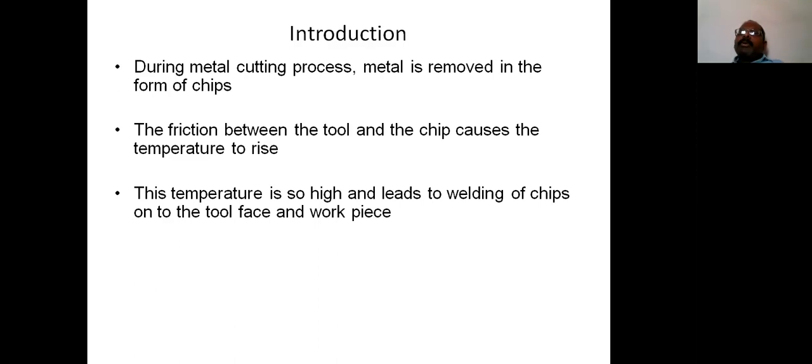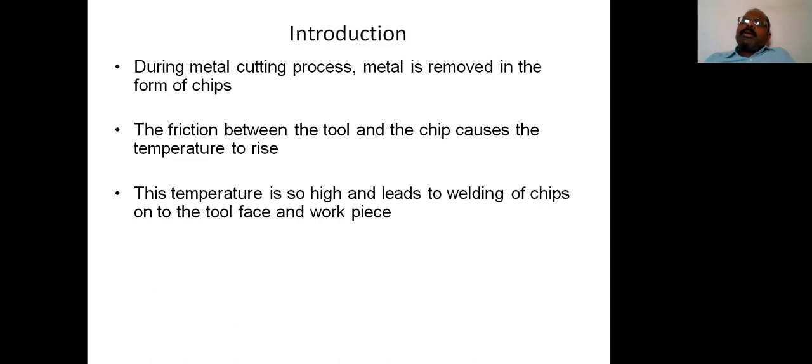Once the chip joins to the cutting tool, it further produces more roughness on the job, and the component produced is simply converted into scrap. That is the first drawback.